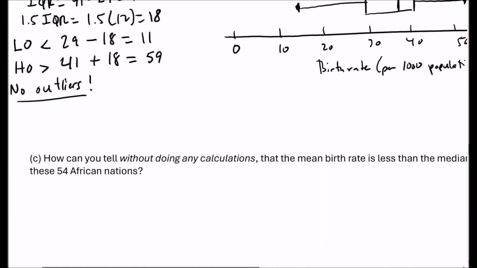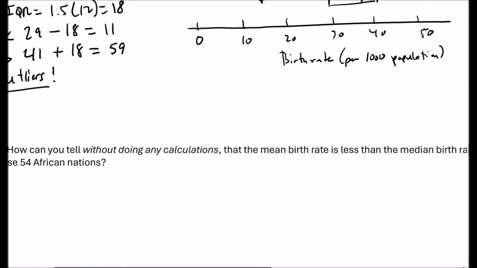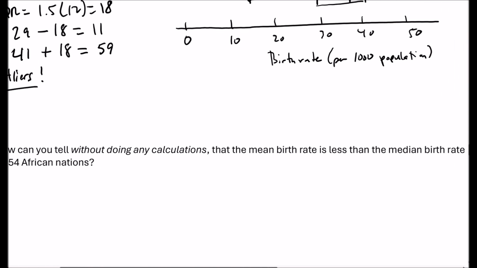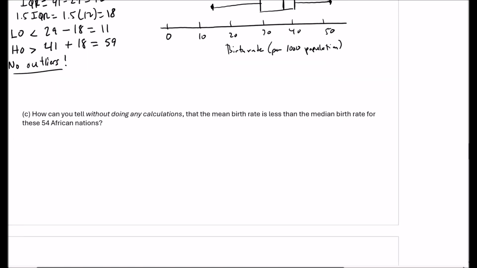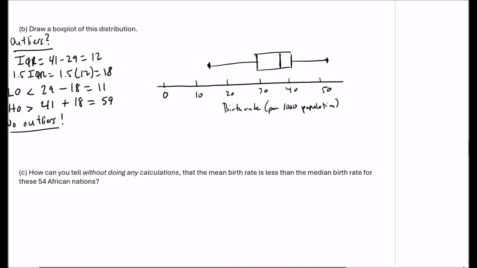Okay, part C: how can you tell without doing any calculations that the mean birth rate is less than the median birth rate for these 54 African nations? Based off of this distribution, this tail is longer, which means it's skewed to the left.